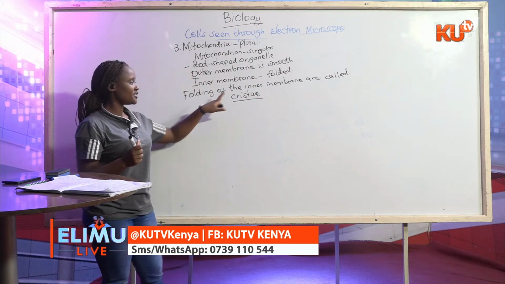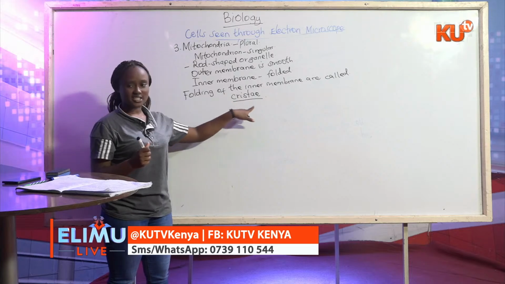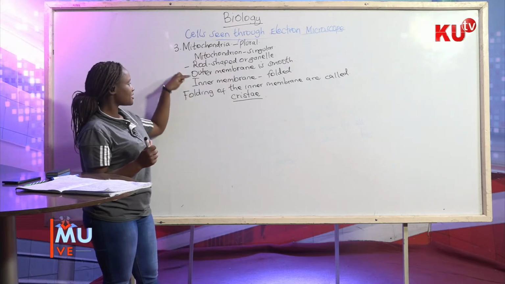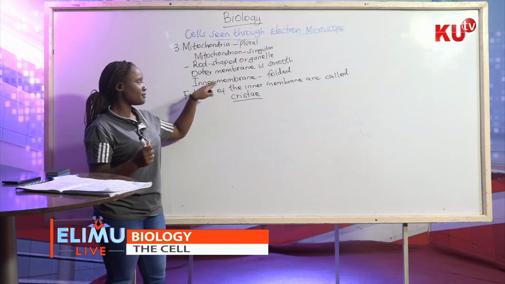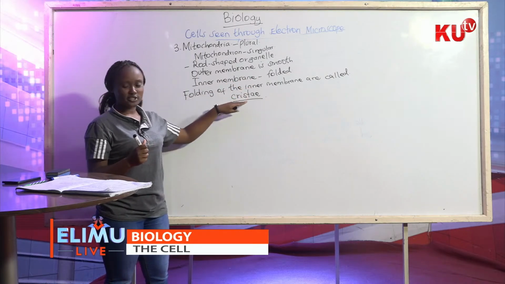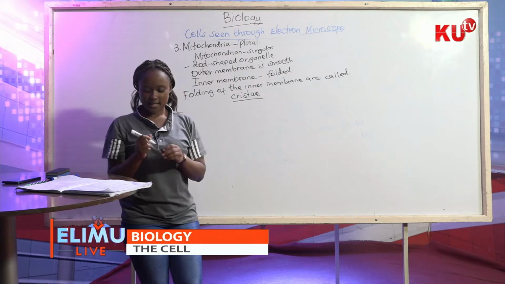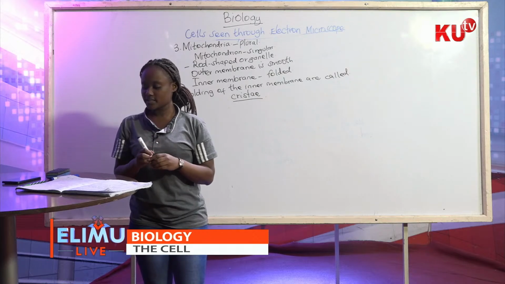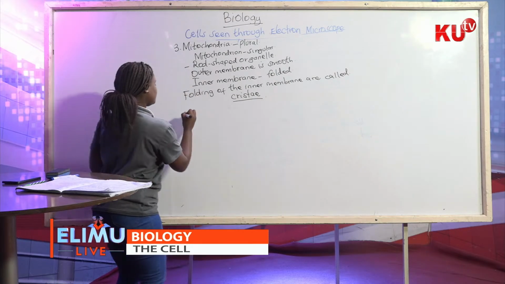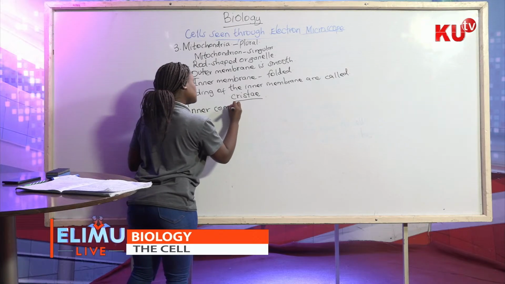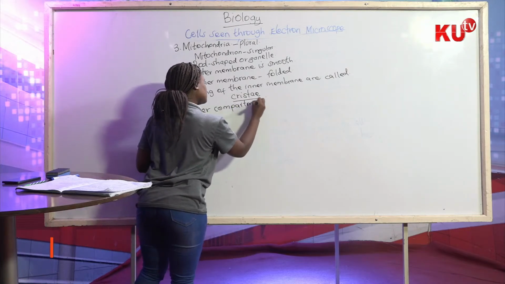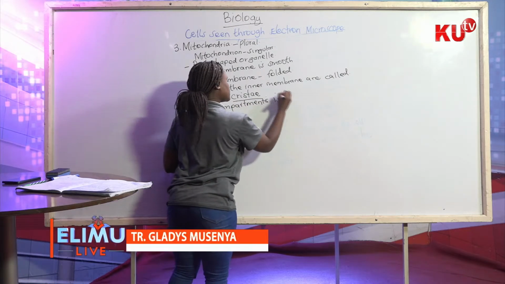The outer membrane is smooth, and the inner membrane, which is folded, has foldings called the cristae. And then the inner compartment is the matrix.